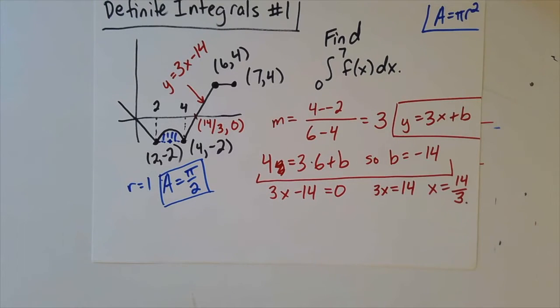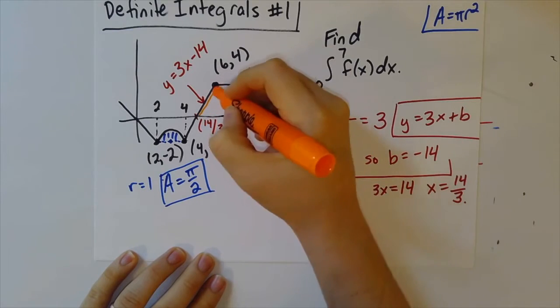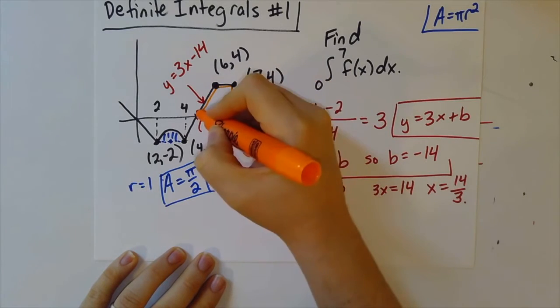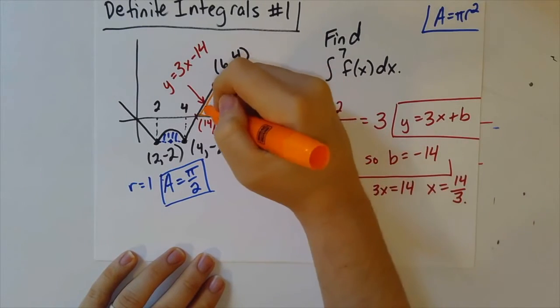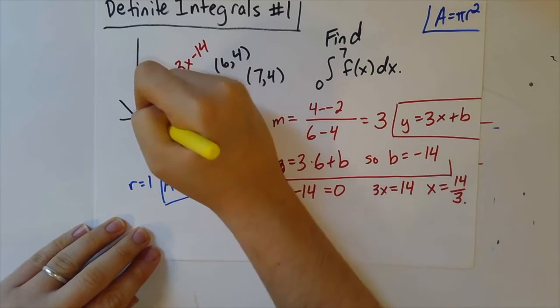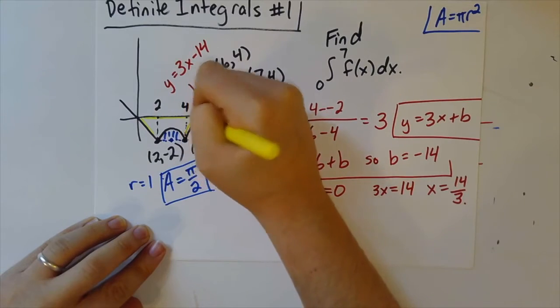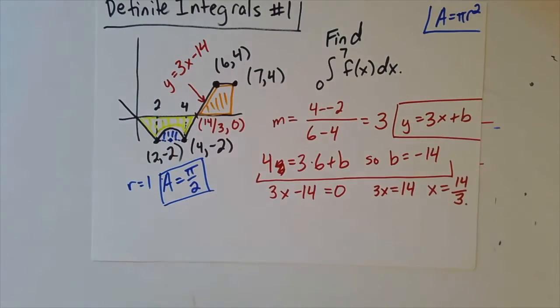So I want to break this down into the two areas that I'm going to have to deal with. I'm going to have to deal with this area over here that I have marked in orange. And I'm going to have to deal with this area that I've marked in yellow.